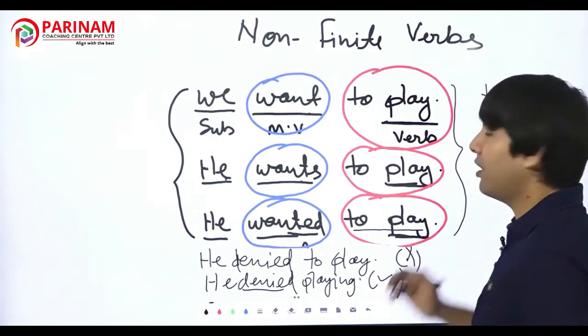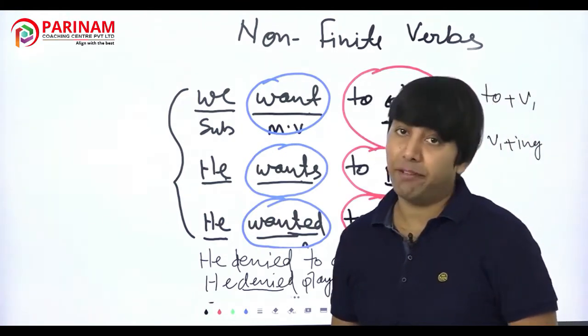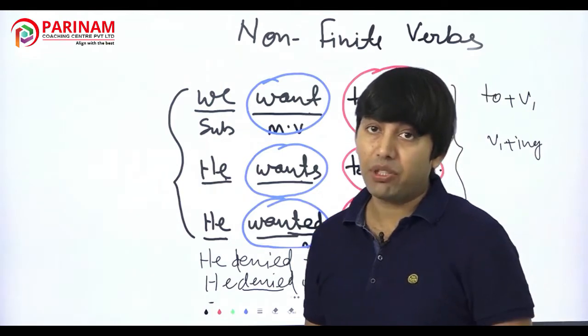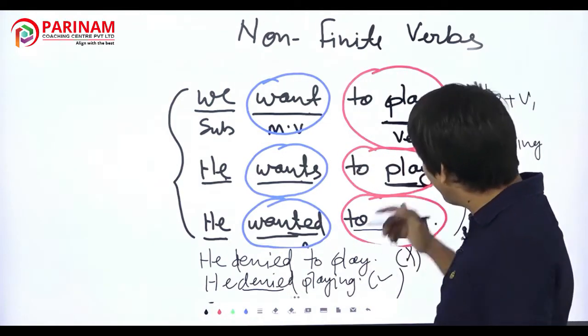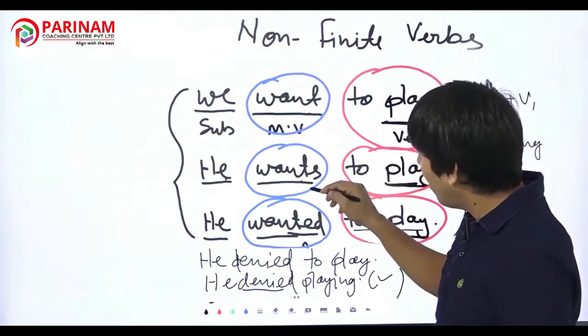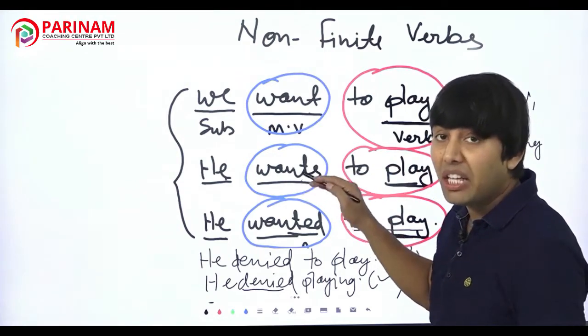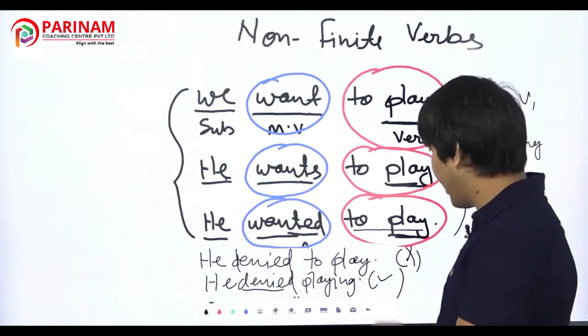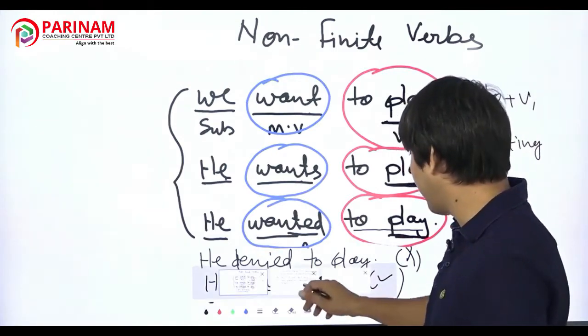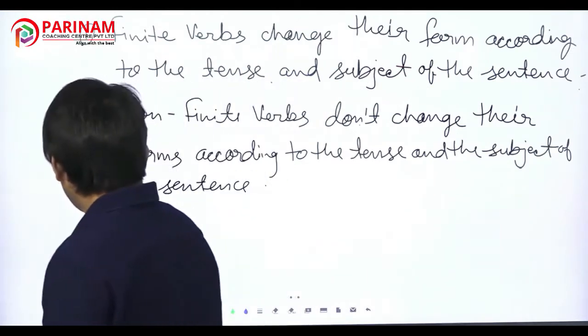We know it by a different name. So what are their names? Let's discuss. And one thing, non-finite verbs are used according to the word they are used after. Listen very carefully. Non-finite verbs, see here I am writing 3rd point.